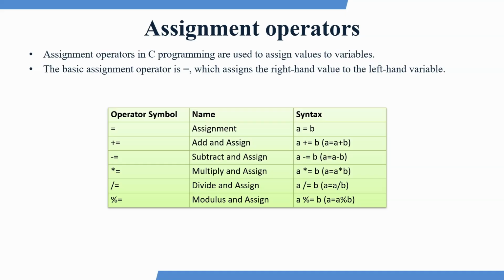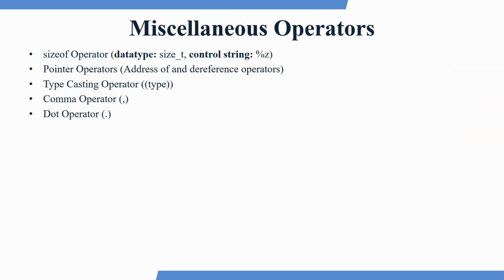The compound assignment += is a shorthand representation of the expression a = a + b. So we can directly write a += b. Similarly, we can use it for other operators too.